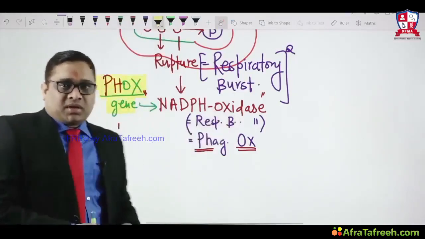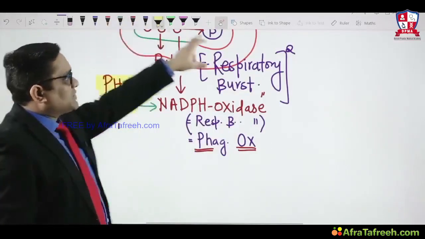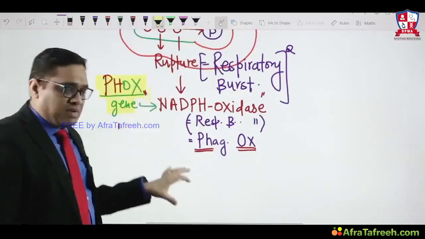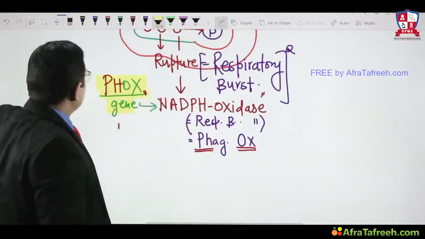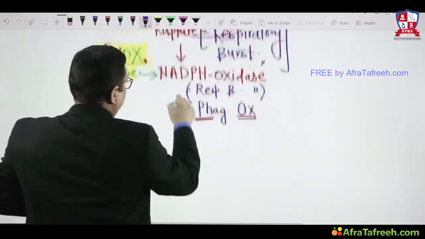So once again I repeat, when phagolysosome is formed, lysosomal granule will be exposed to the bacteria and then they will rupture. After rupture, NADPH oxidase will be released, and what will happen next? When NADPH oxidase will be released, they will produce free radicals, right?